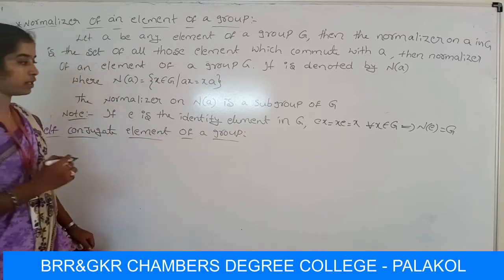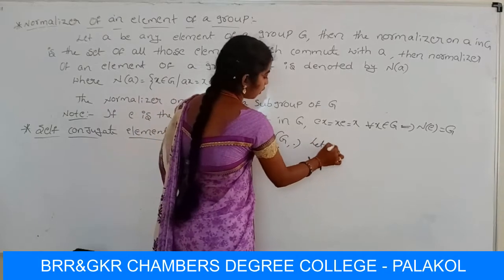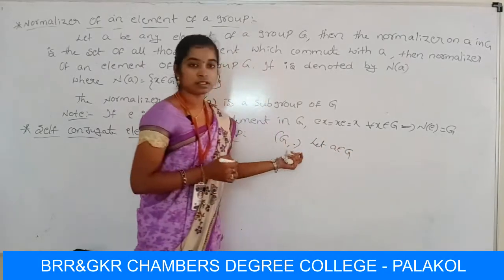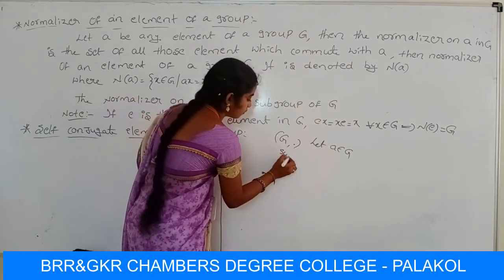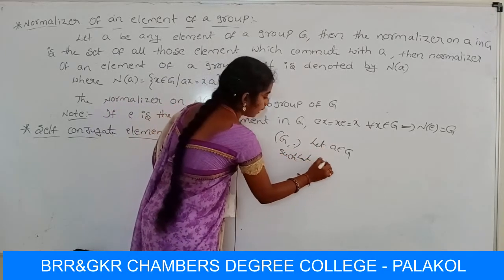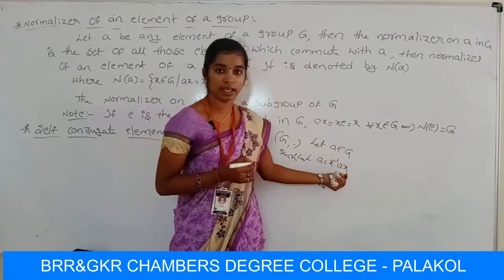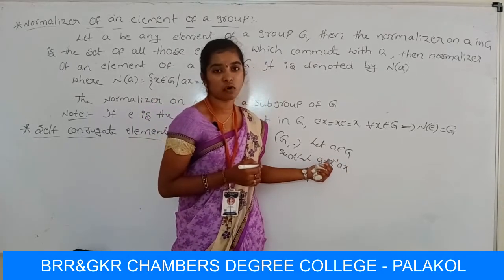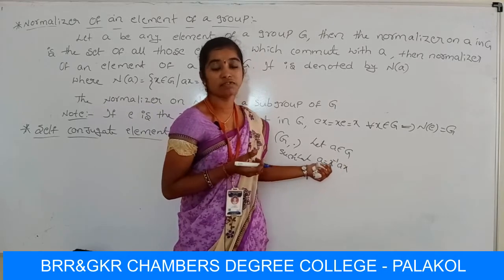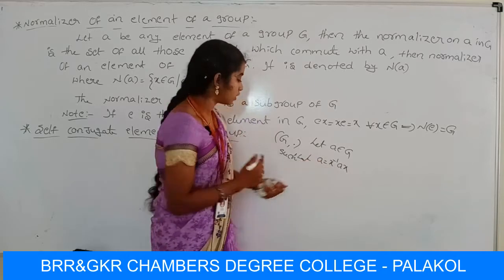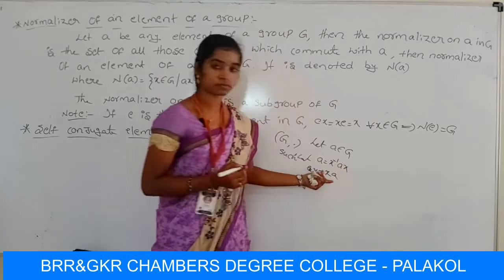Let Z, dot be a group. Let A belongs to Z such that A equal to x inverse ax. Then A is called a self-conjugate element. Sometimes a self-conjugate element is called an invariant element. So it can be written as ax equal to xa.